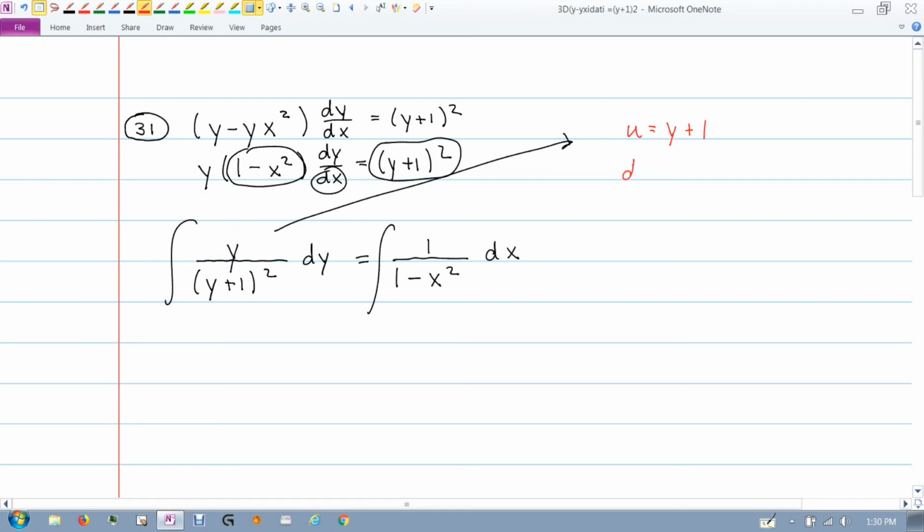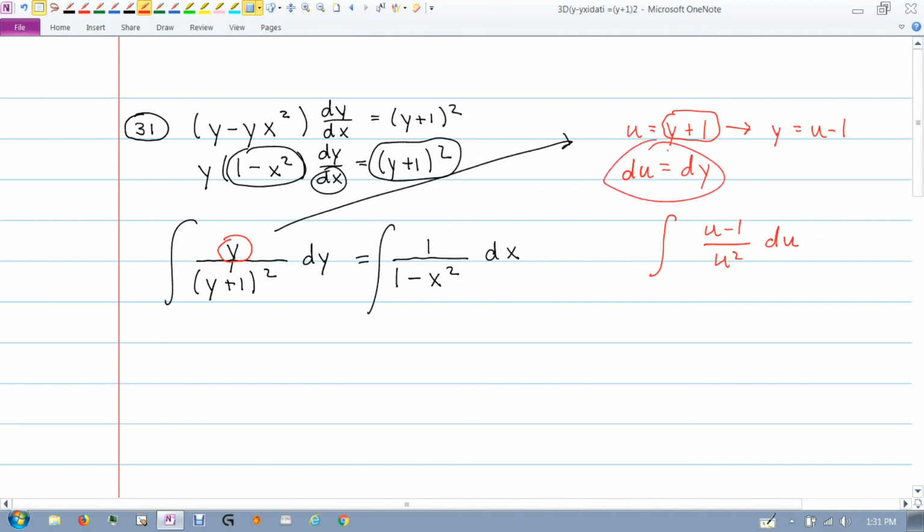Then du equals just dy. And so when I rewrite that integral, I have to account for this y up here. So that y, what I do is I take this equation and solve for y. So y is equal to u minus 1. So u minus 1 on top, and on the bottom, what's nice is that this y plus 1 squared really just means u squared. And then dy becomes du.